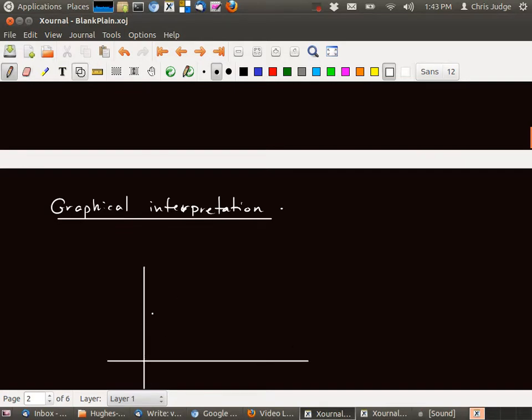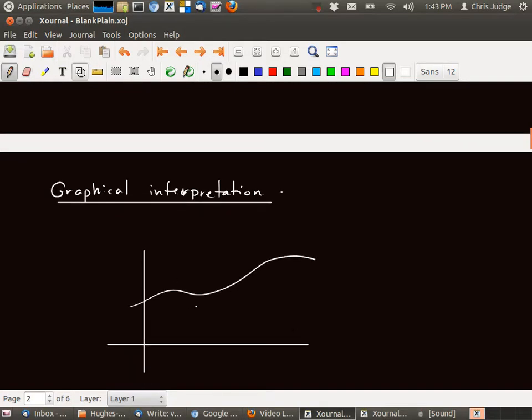If we have a function f of t, recall that the left-hand sums correspond to areas of rectangles.